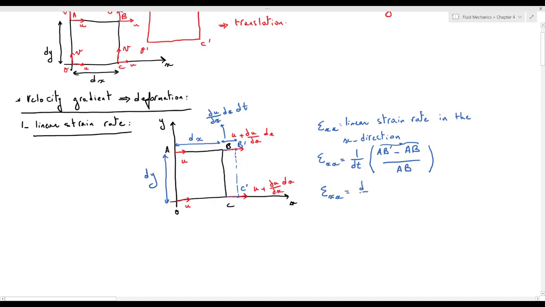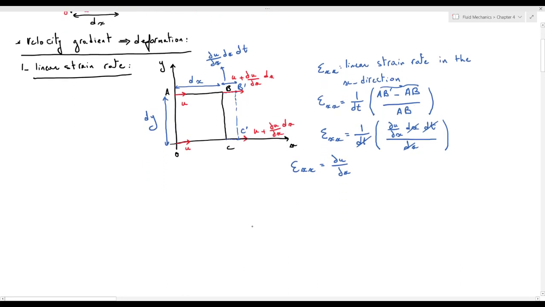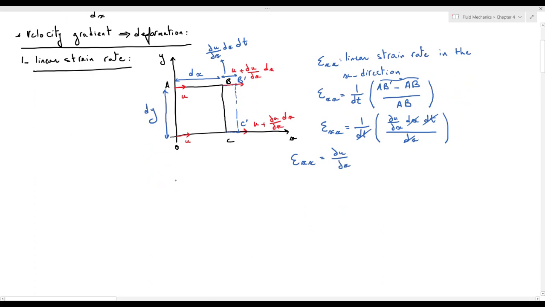So epsilon xx is 1 over dt into del u over del x dx dt over the original length dx. So dx and dt will cancel each other out from the numerator and denominator. So epsilon xx is equal to del u over del x.